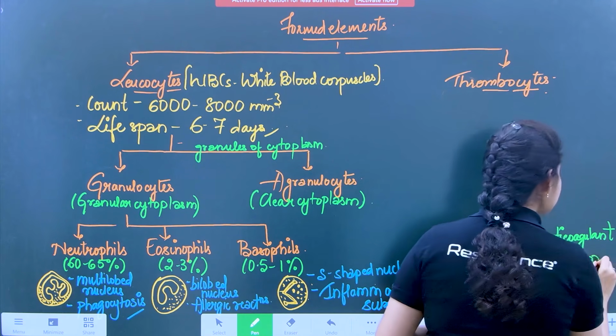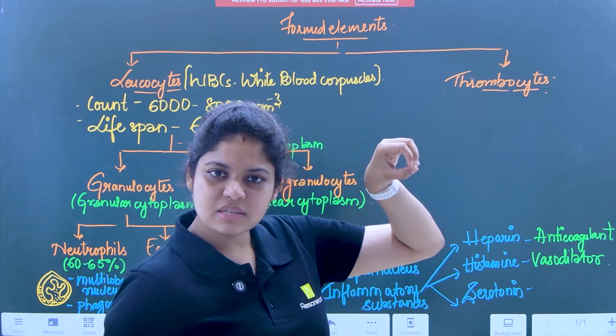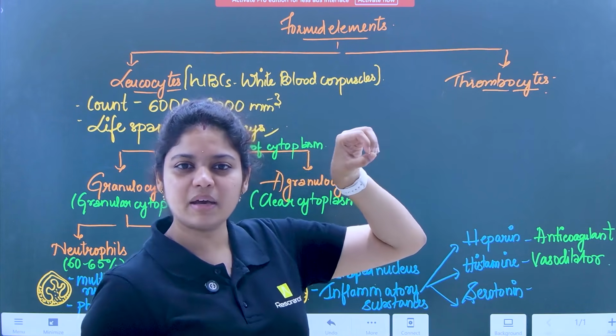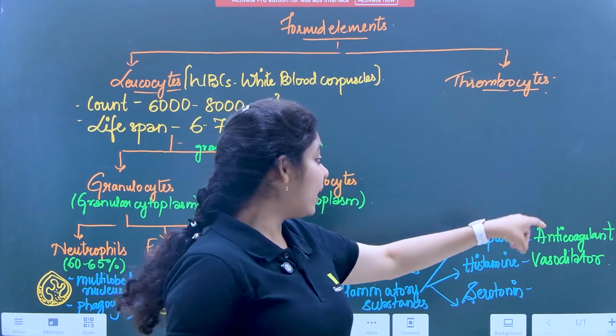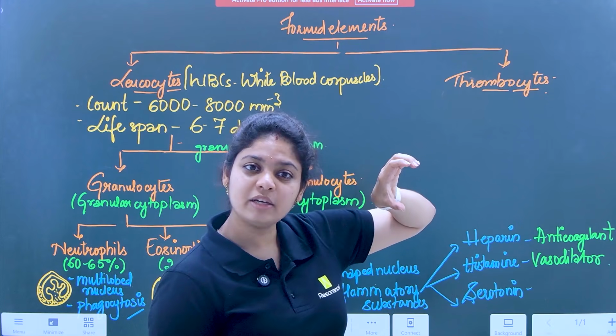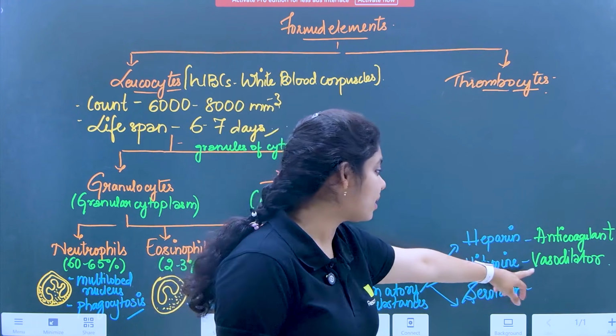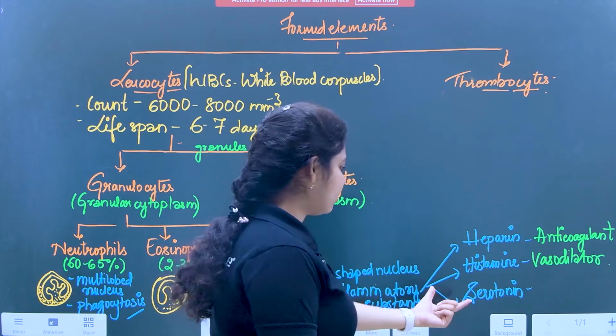Next one, histamine. Histamine is a vasodilator. What is a vasodilator? Vaso means blood vessels. This is the diameter of blood vessels. When histamine is released, the blood vessel diameter dilates. That is because of histamine, so it is a vasodilator.